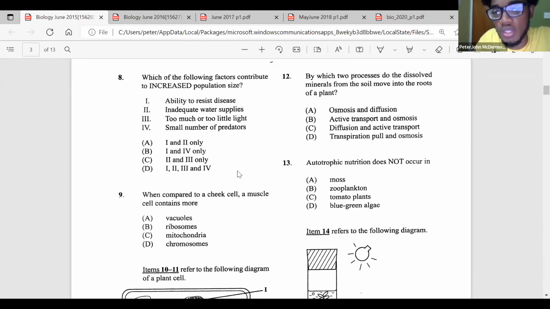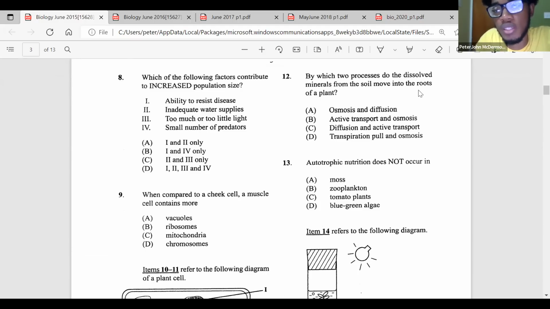By which 2 processes do the dissolved minerals from the soil move into the roots of a plant? Give a bit of time. All right, so what are we noticing?